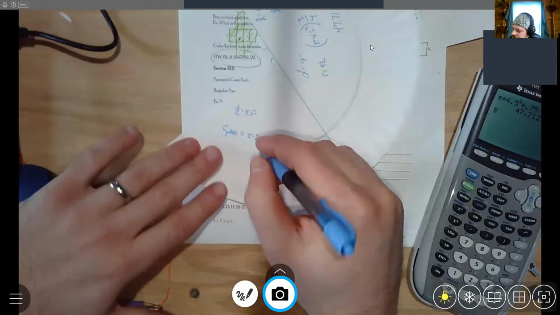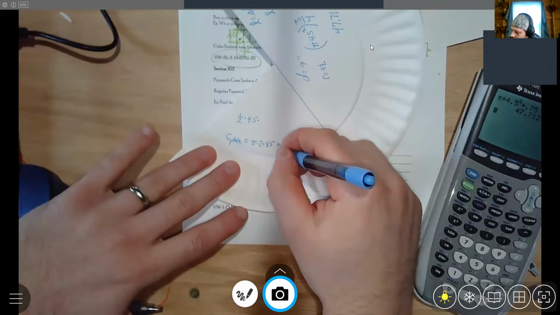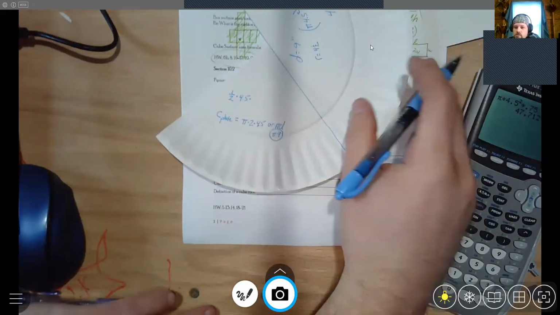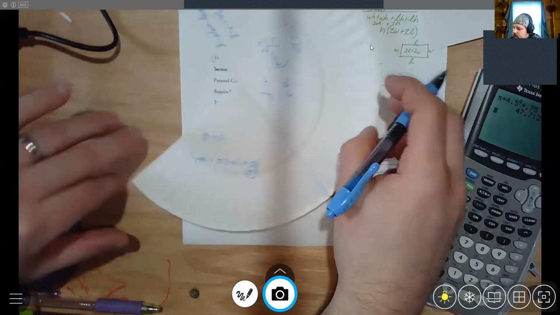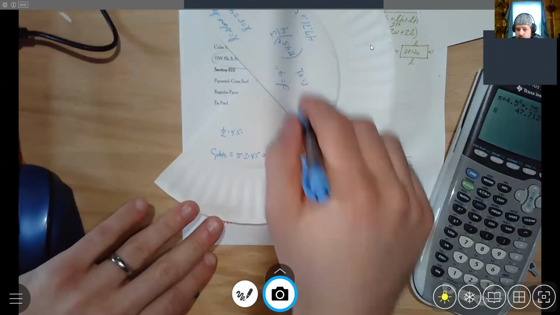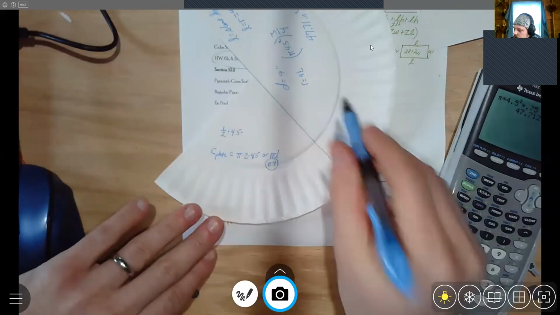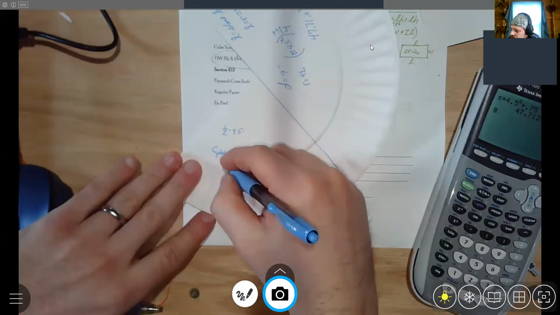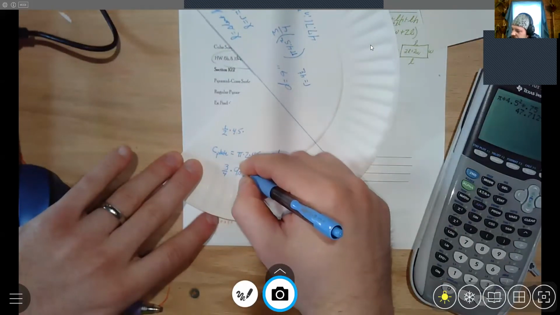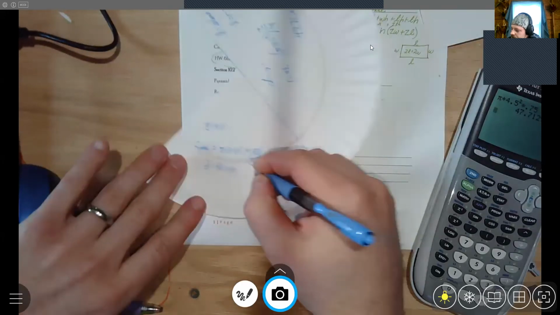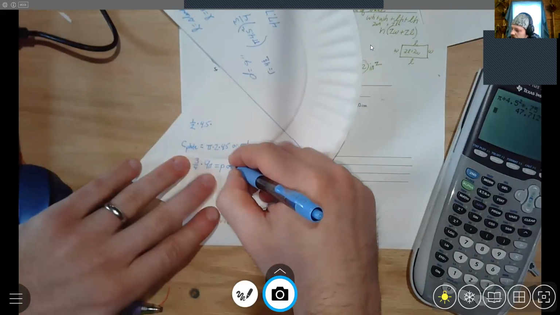But now I only have 3/4. So this is like finding arc length, if you remember. So I only have 3/4 of my circle. I'm going to take 3/4 times 9 pi, and that's going to equal the perimeter of the cone.